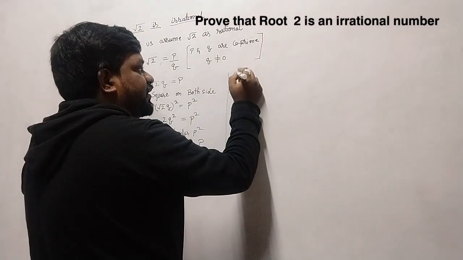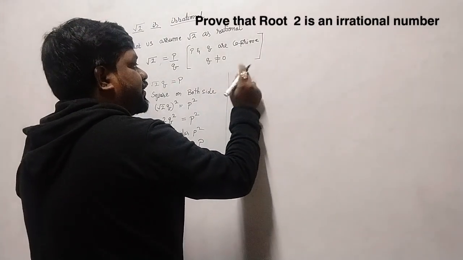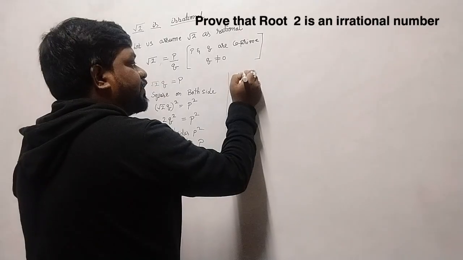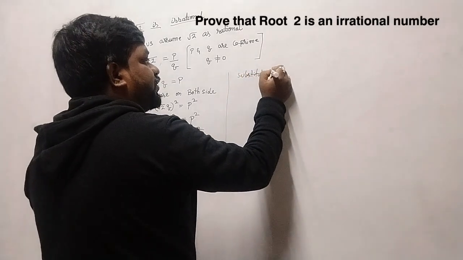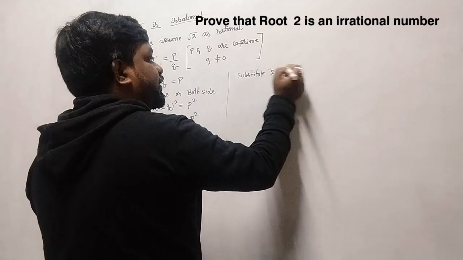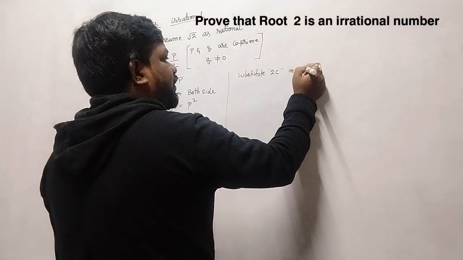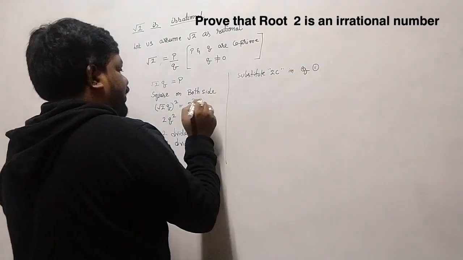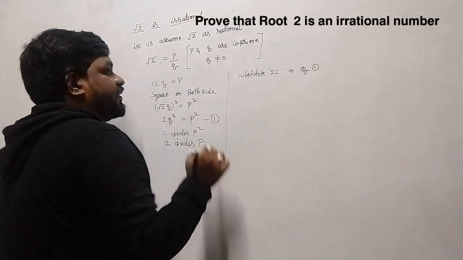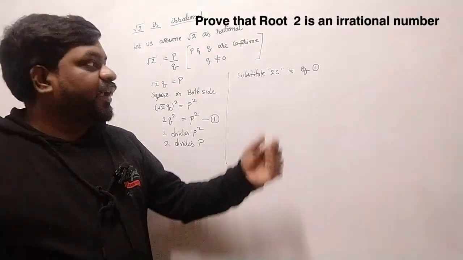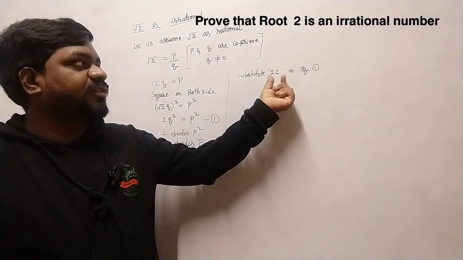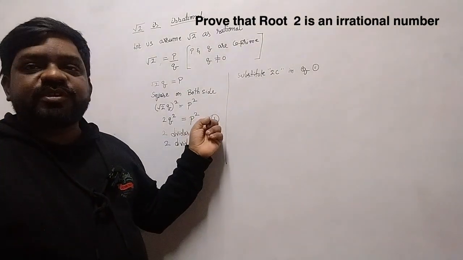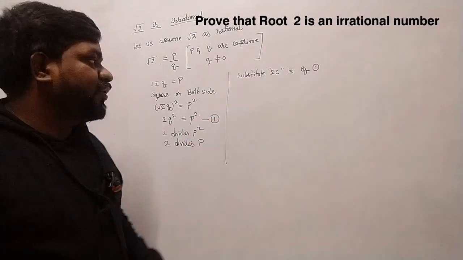Then after this, let us substitute 2c in equation 1. Let us consider this as equation 1, and now substitute 2c. I am taking another constant, that is 2c, and I am substituting in equation 1.